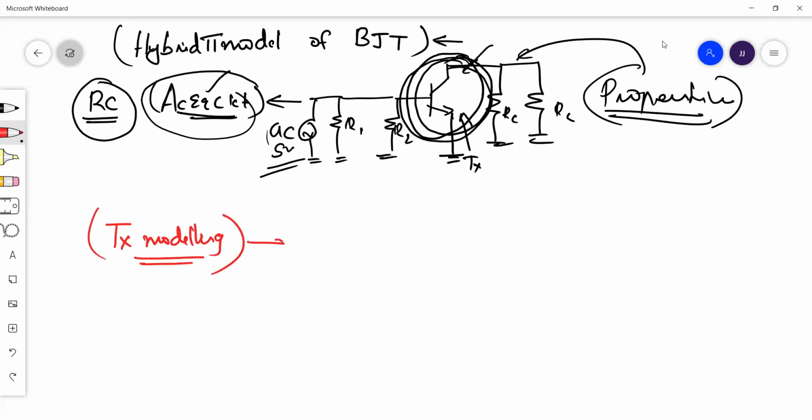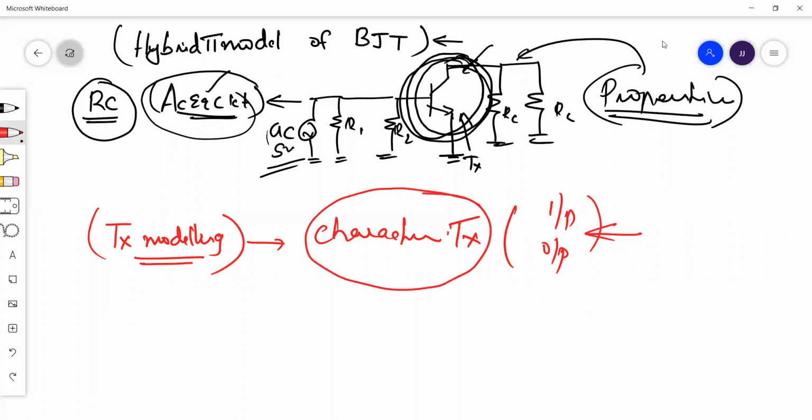What is the need? We need to characterize this transistor, like input impedance, output impedance, and other voltage and current parameters. In the earlier figure, the transistor is not characterized.